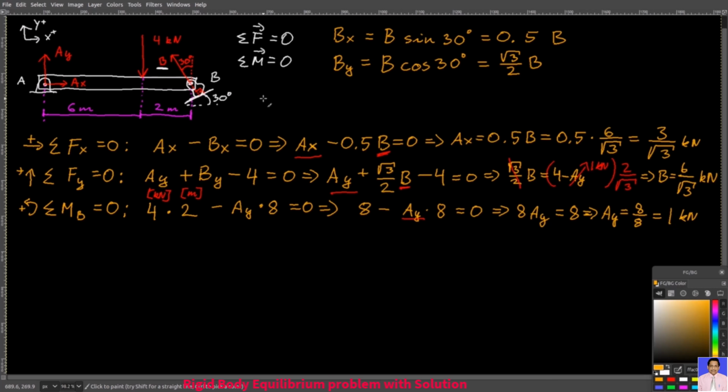And so we have found the reaction forces that appear because of that 4 kilonewton vertical downward force that is applied in this location, 2 meters from point B and 6 meters from point A. And we used the rigid body equilibrium principle to do it. Thank you very much.